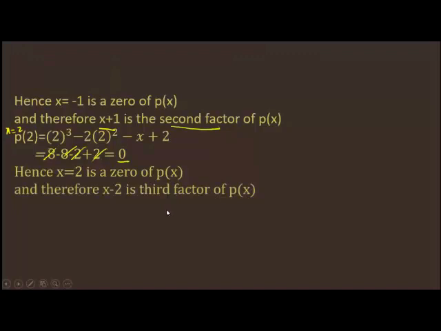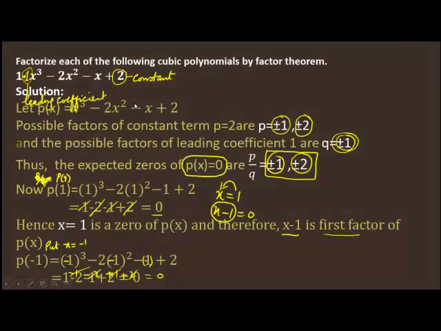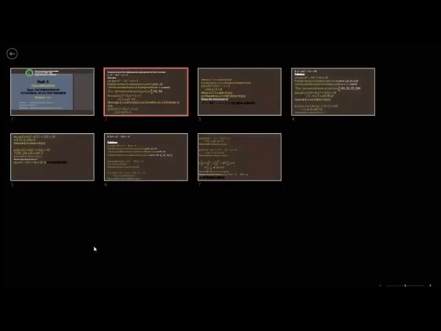So you can see, look, this is a cubic equation, right? Cubic equation means the highest power of the variable is 3. So we can find only 3 factors, which we have done already, right?